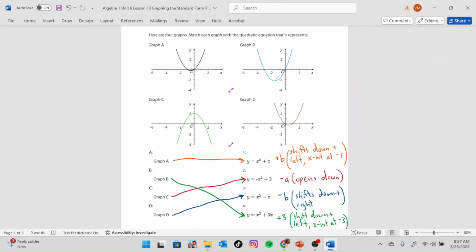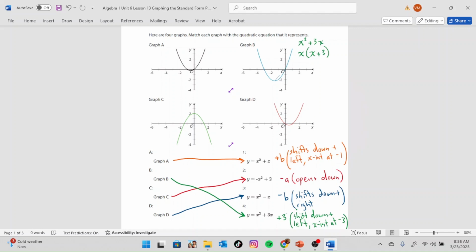Now we can take a quick look at this and understand why this is what happened. If I have equation 4, I had x squared plus 3x. Well, I can pull an x out of both of these terms, and in factored form, that would be x times x plus 3.